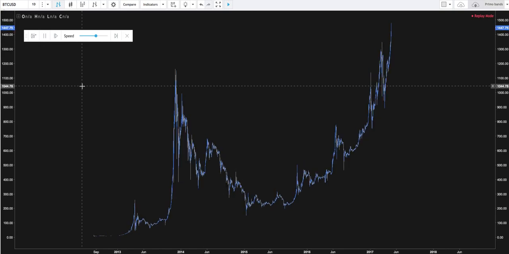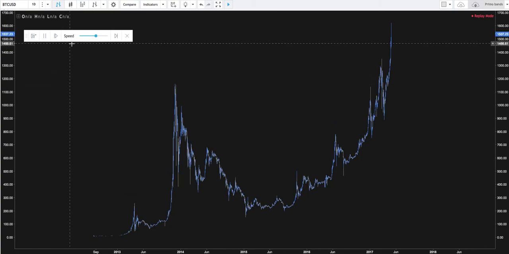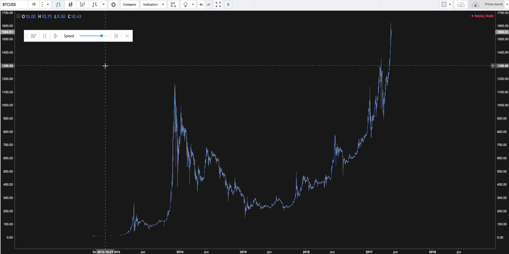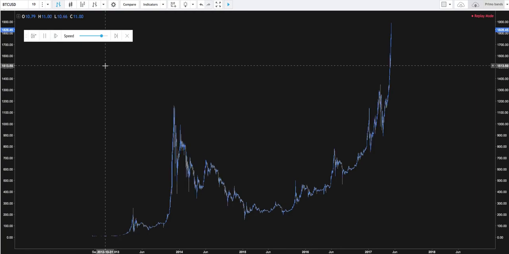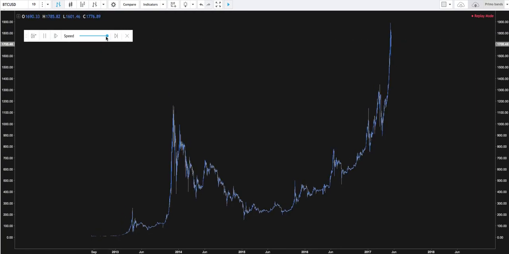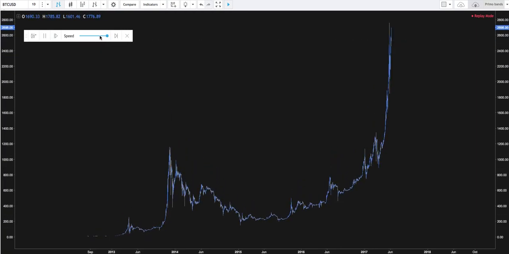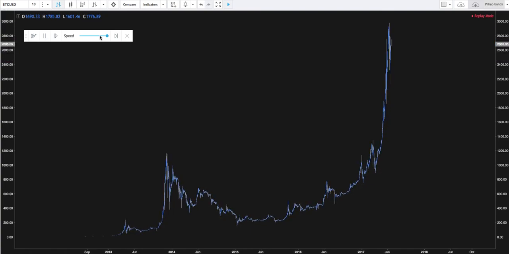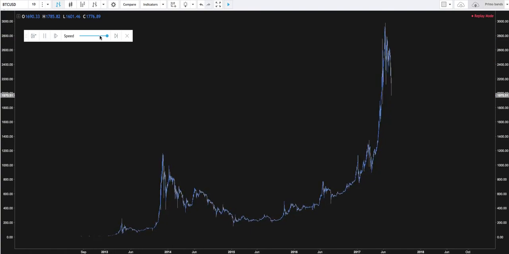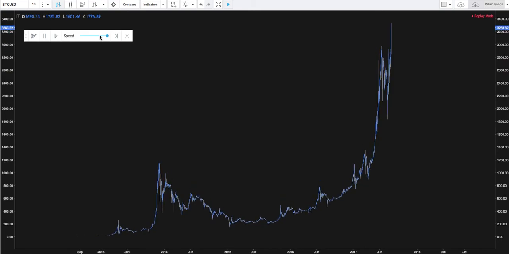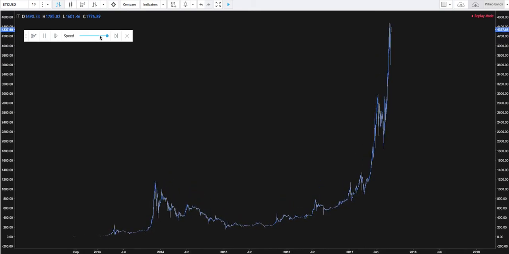So again, every bar is 1 day. And you can see the pattern that's happening. It just basically goes. Now, there's a little bit more up and down here, but we're really going to get to the good stuff in a moment.